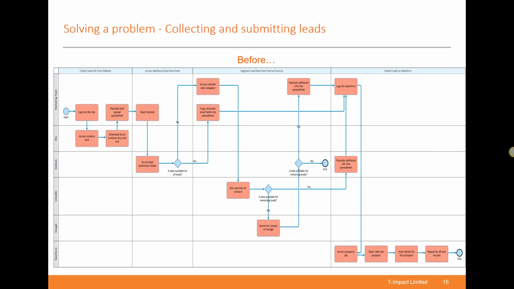And here we've mapped out how the process works and what we did at each stage. And then we've color-coded the process steps. So the red sections in this are the steps which could be automated, which didn't need to be performed by a human. So you can see here that the entire process was actually just people moving data from one system to another, or logging into systems and collecting data, and it's a complete waste of our time.